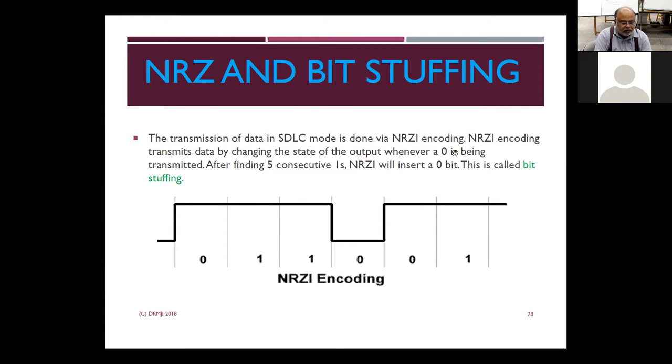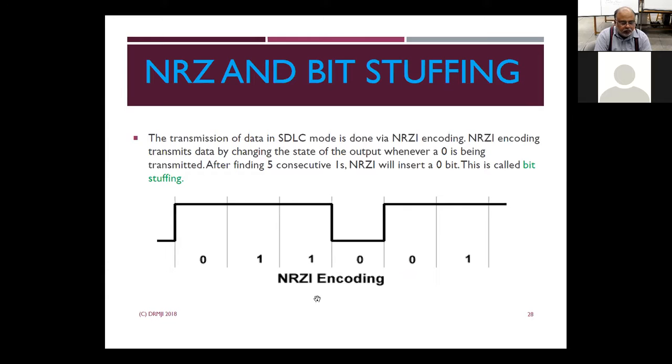So whenever a zero is to be sent, there is a change. If you want to send one, no change. When you want to send zero, change. When you want to send one, no change.